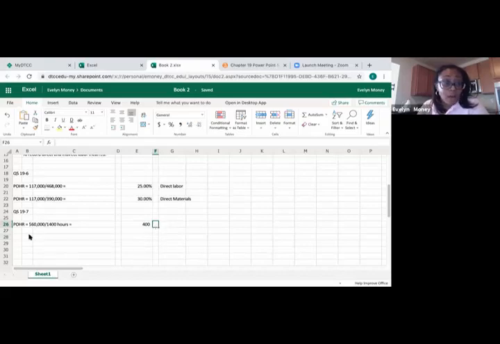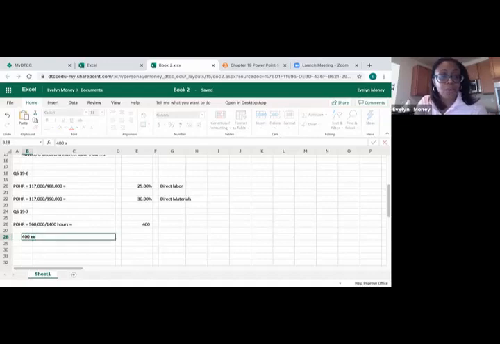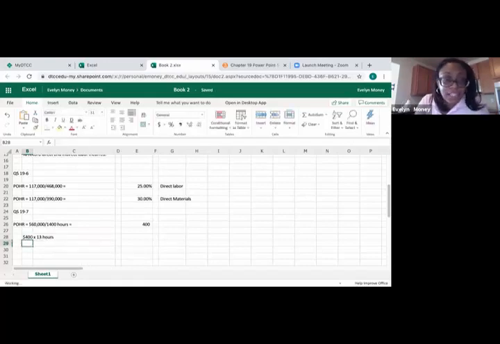So now I'm going to take that rate, that predetermined overhead rate of 400, and I'm going to apply that to my one job. Job 65A used 13 hours during January, so I'm going to multiply that 400 times 13 hours. And it will probably help you out if I use dollar signs so that you would know that this is a rate per hour.